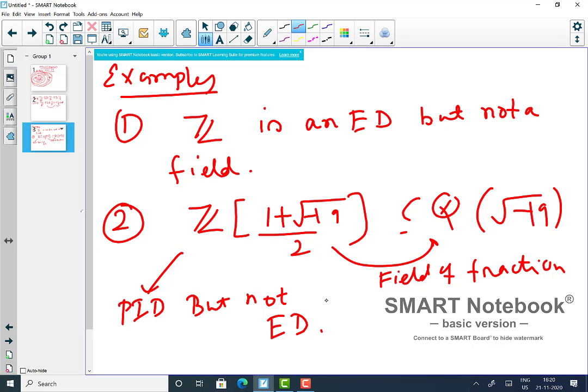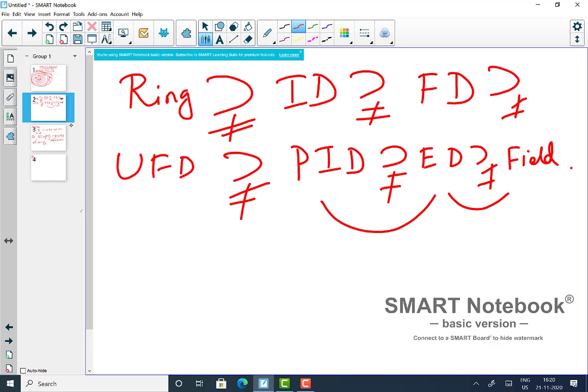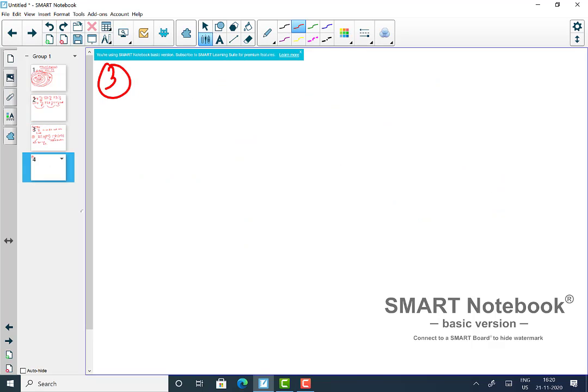So that is PID but not ED, and then maybe example 3, where you have something which is a UFD but not a PID. There are several examples, but let me give one.